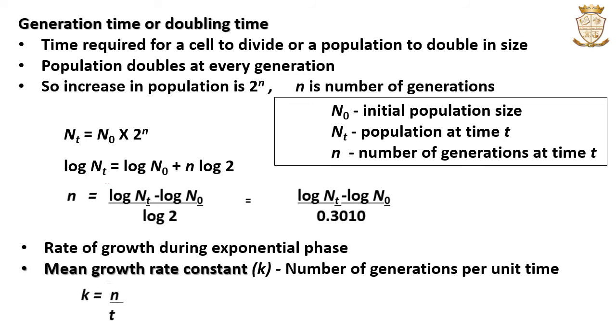So K is equal to n by t, which could be rewritten as log nt minus log n0 divided by 0.3010 t. This is K, that is the mean growth rate constant.